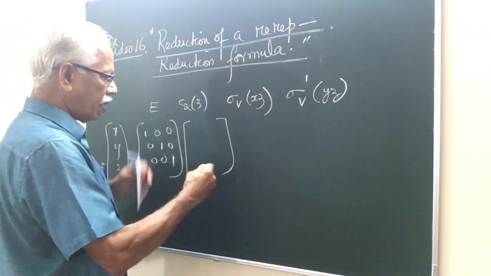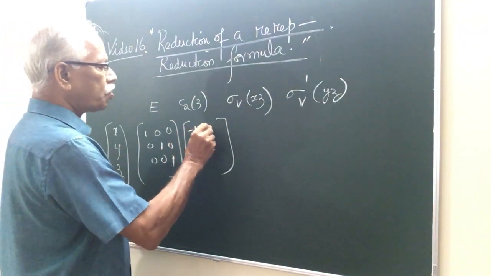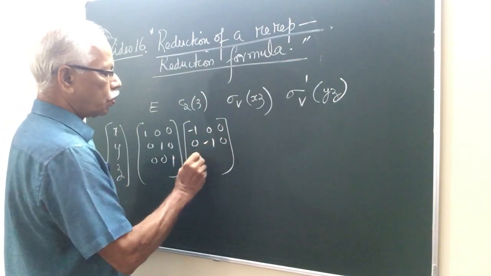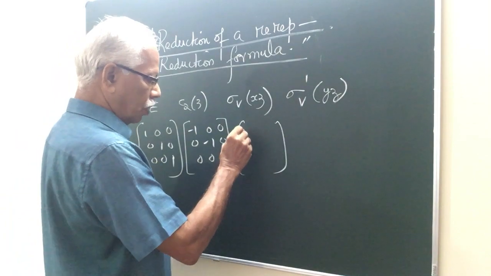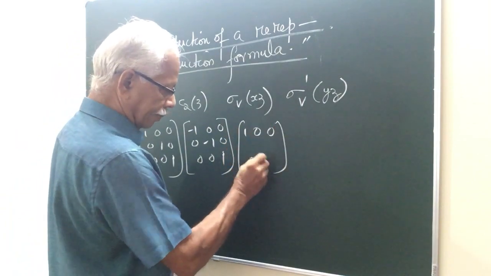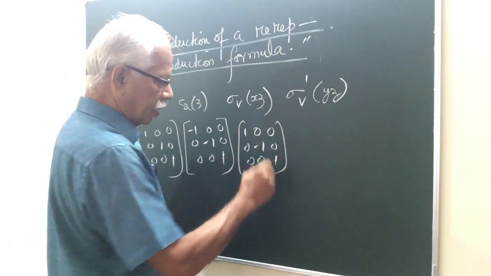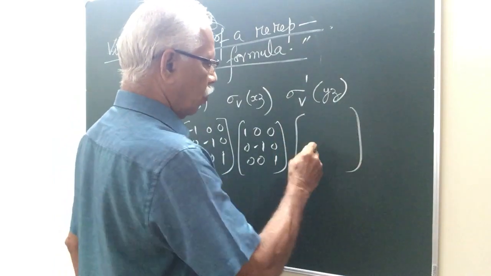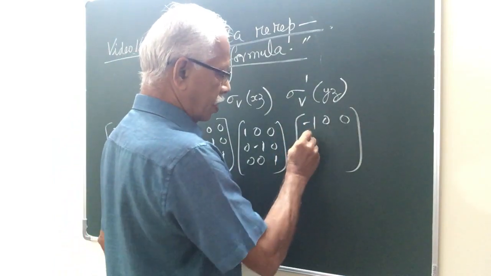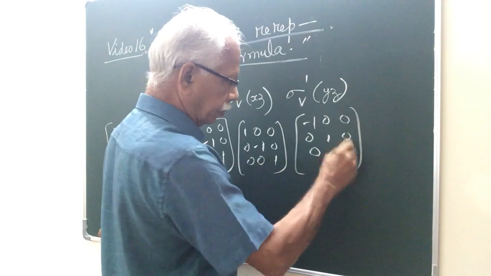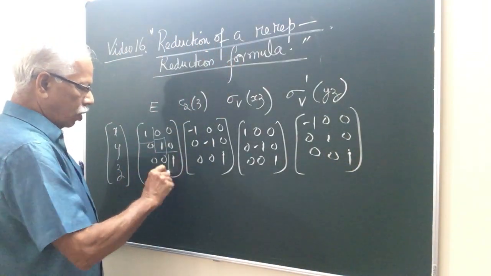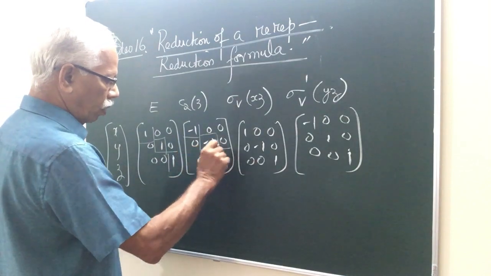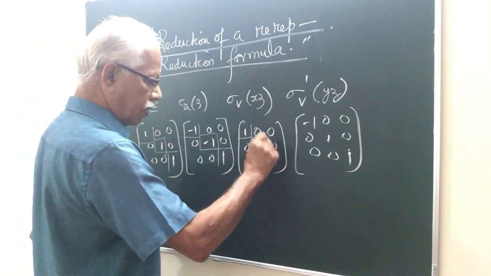For C2 about z, it is minus 1 0 0, 0 minus 1 0, 0 0 1. X and z will not change. Y will change to minus y, and here y and z will not change. All these are similarly block factored. The non-zero elements are along diagonal blocks.